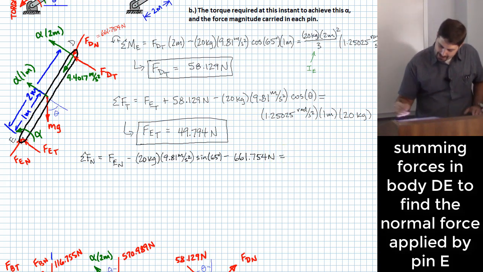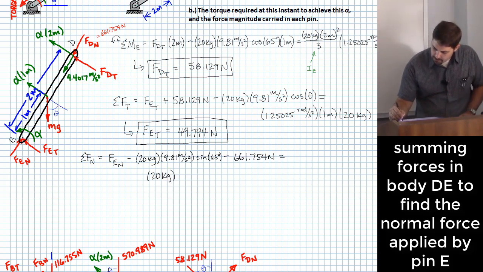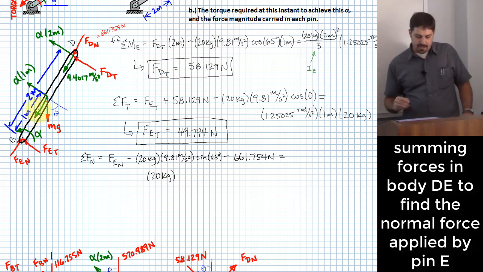Good job. So mass, which is 20 kilograms, times the acceleration of the CG of this part toward E, right? So that acceleration is going to be felt right here. Okay, what is that acceleration?